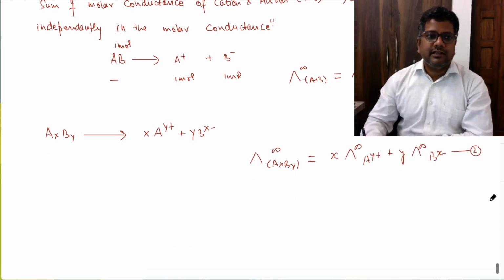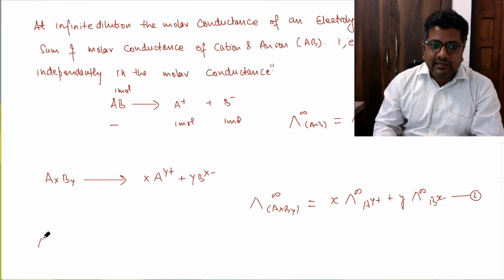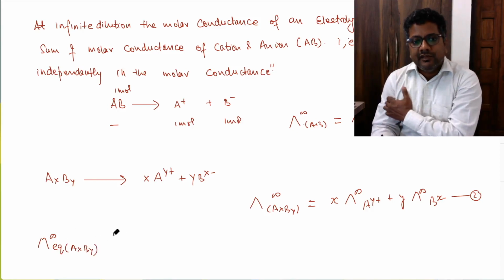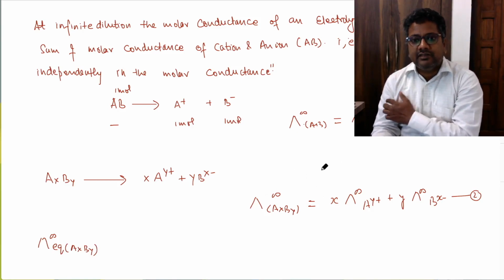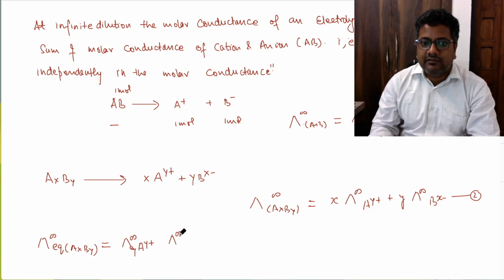And if you want to write the equivalent conductance, because equivalent conductance is simpler, like normality and molarity, then it is equal to lambda infinite EQ of A^y+ plus lambda infinite EQ of B^x-.